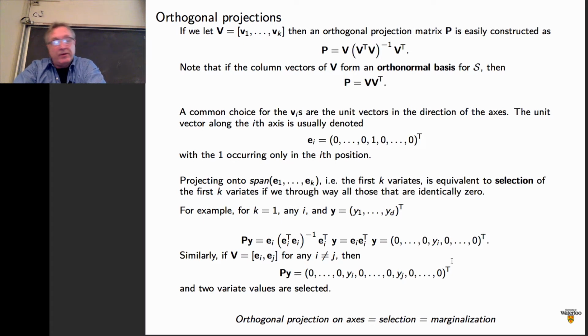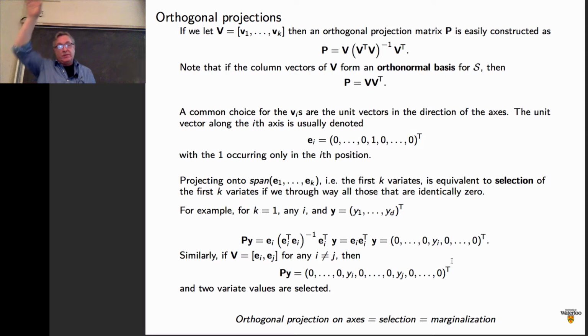So all of the math that you have here just reproduces what you would do when you say, I want to select one of the variates and look at that. Just to reassure you that that is in fact a projection onto the ith axis. You're looking at the ith variate. Okay? So projection onto an axis, you think of that as selecting a particular variate, which is another way of ignoring all the rest.